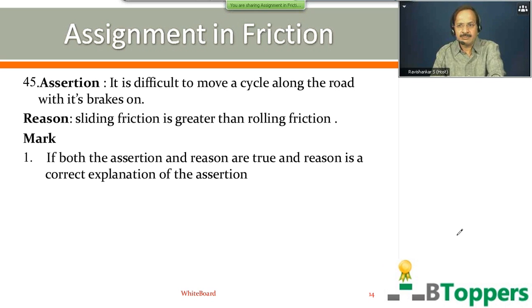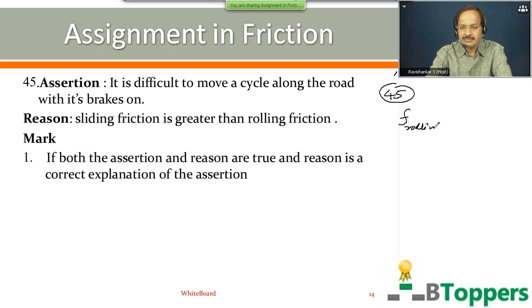In general, for a given magnitude of normal reaction between two surfaces in contact, the force of rolling friction is less than the force of sliding friction for the same two surfaces.